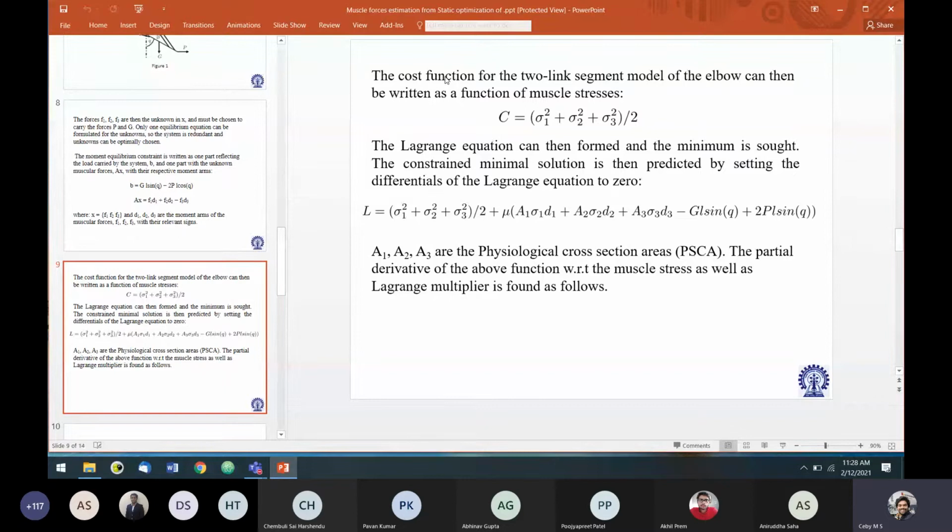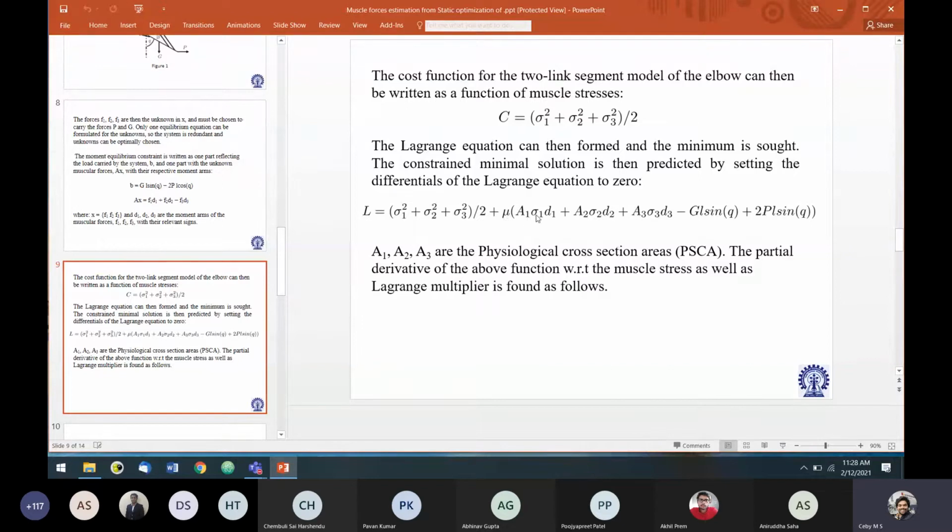Here we are taking the sum of the squares of the muscle forces, and this is the cost function. We incorporate the equality constraint by multiplying it with a Lagrange multiplier, that is nu.